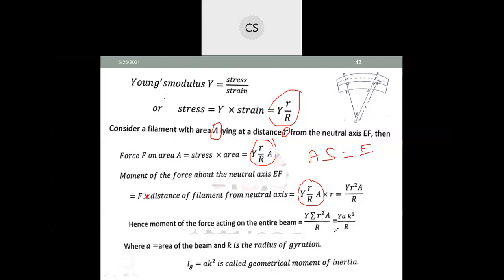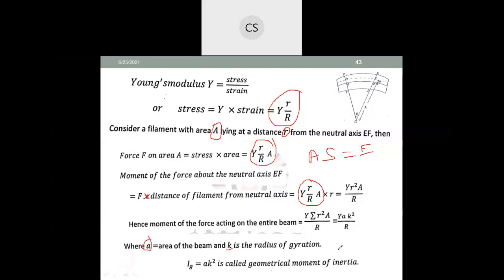So you can write it as Y into A into k square divided by R, where small a is the area of the beam and k is the radius of gyration.